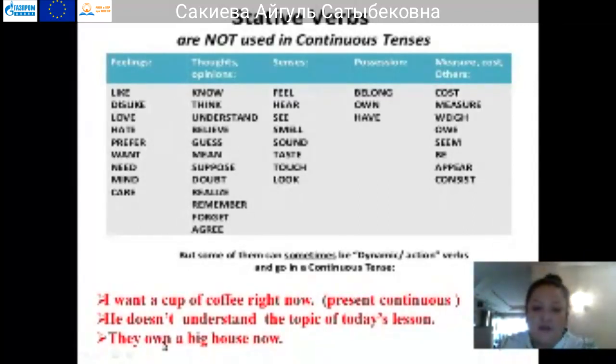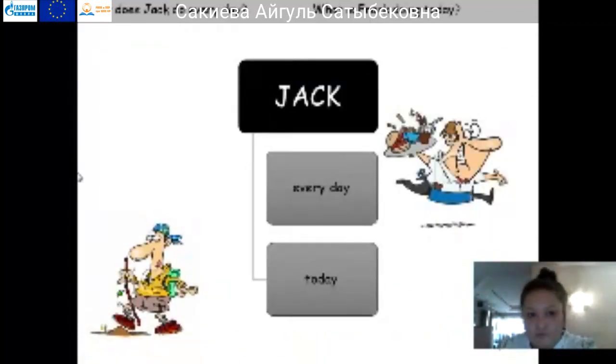Yes. And they own a big house now. This is a temporary action which is happening now. Yes. But own, it's again what kind of verb? It is a state verb. Well done. Good job.